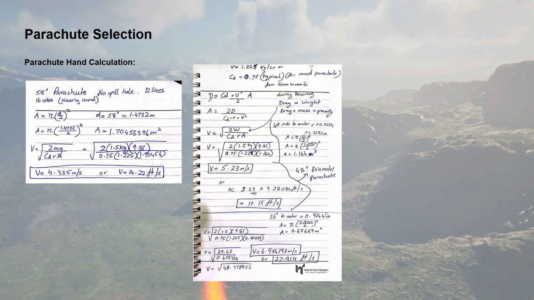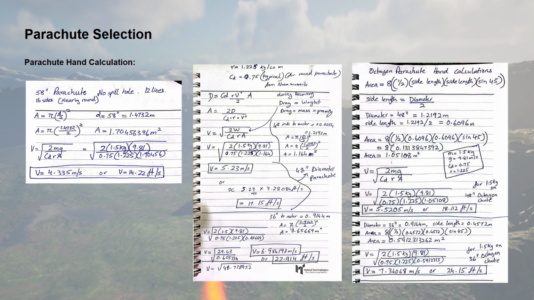But then again, this is also for a round parachute, which isn't easy to find in that small of a size. Then the next one, which is even more precise, is the octagon parachute hand calculation, which shows us the 48-inch octagon chute to be about 18 feet per second, and the 36-inch to be about 24.15 feet per second.